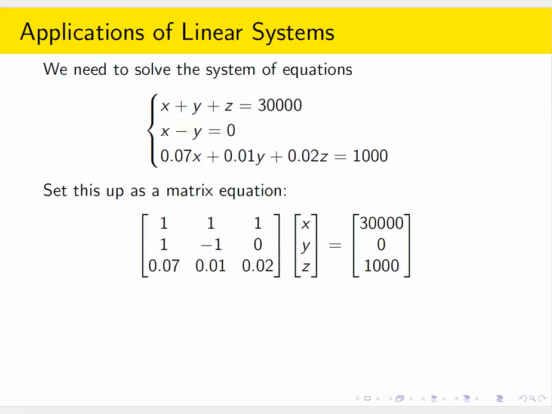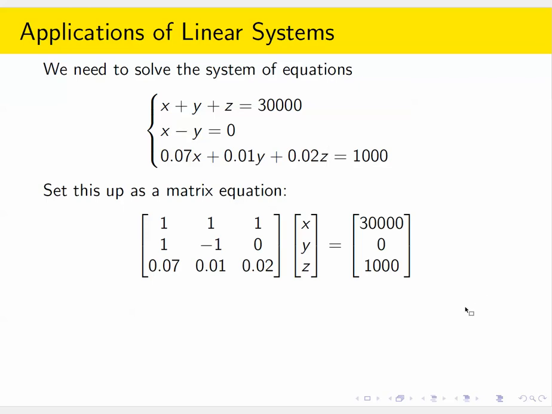The coefficients of the second equation, it looks like there's no z here, but you can think of it as a 0z, 1x minus 1y plus 0z. That's where the second row of this coefficient matrix comes from. And finally, the coefficients in the last row come from the last equation. So that coefficient matrix times the matrix of unknowns should give us the right side.